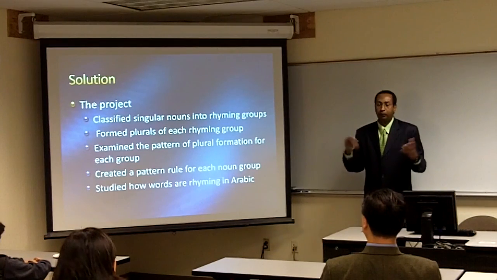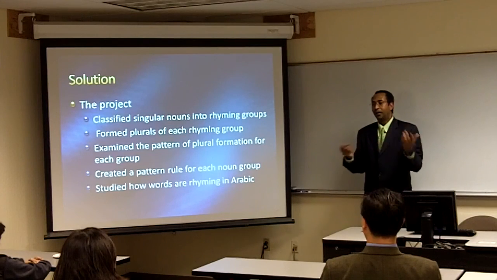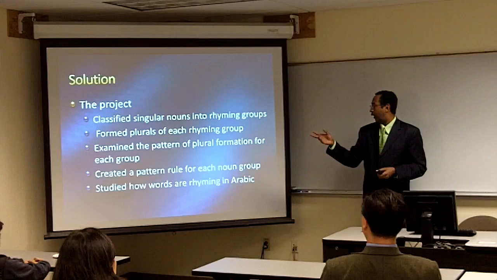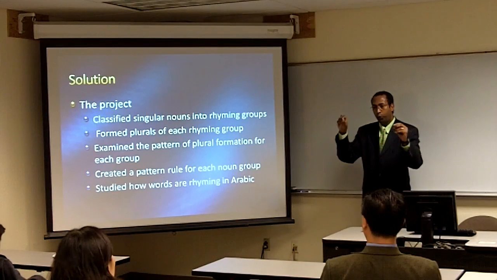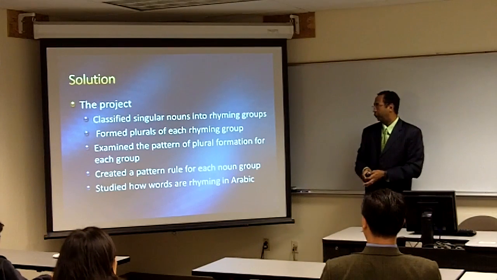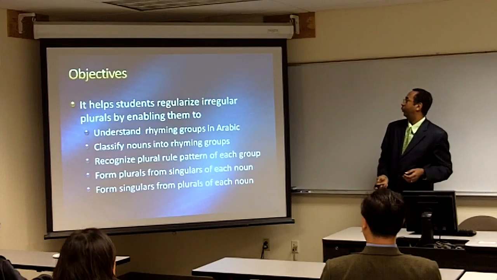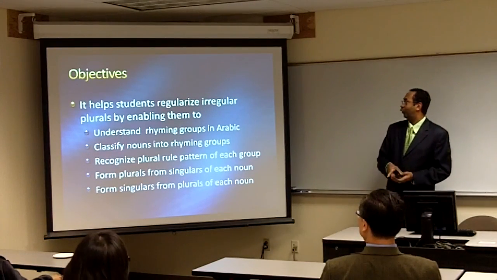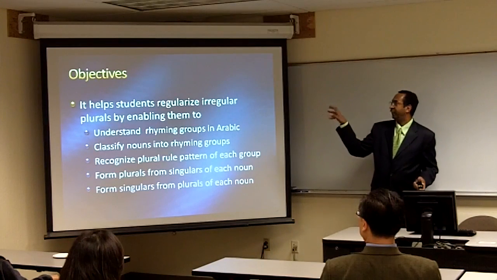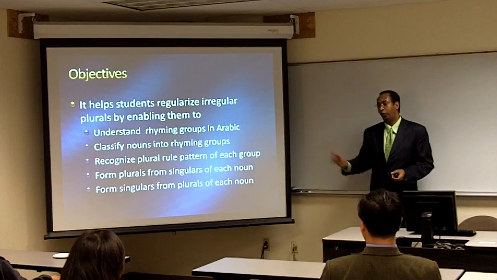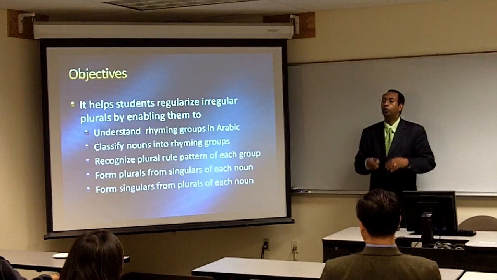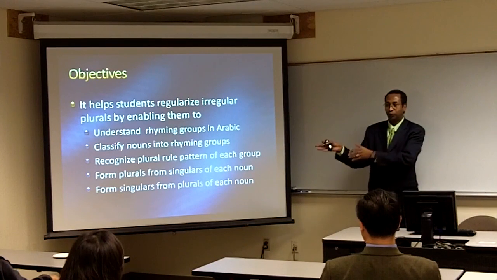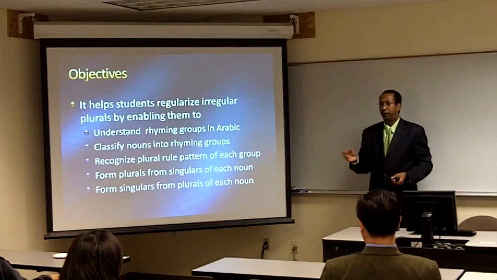From that, you can create a rule, or I call it a pattern, for each group. I'm going to show you that sample in my model. The objective is generally to help students regularize irregular plurals, which is my focus, because regular plurals are usually taught in textbooks and are easy, just like English, where you add to the end.